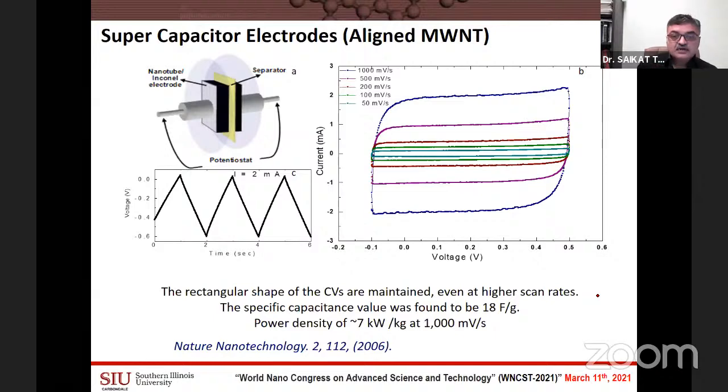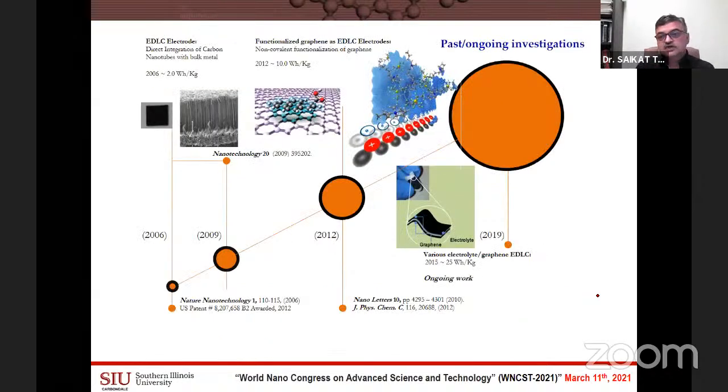So after that, in our group over the years, what we have done is with the carbon material, different kinds of carbon materials we have tried. Of course, this is what I showed. Then we also utilized functionalized graphene. The key idea is to basically look at the energy density, because power density of capacitors, supercapacitors, are high anyway. So to compete with the batteries, you need to push the energy density.